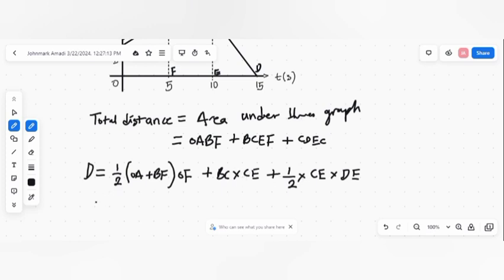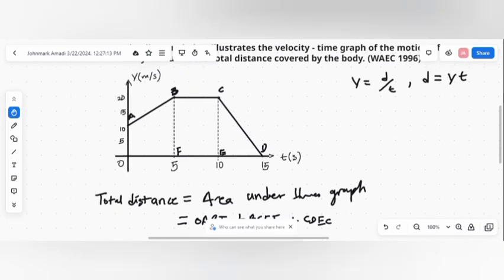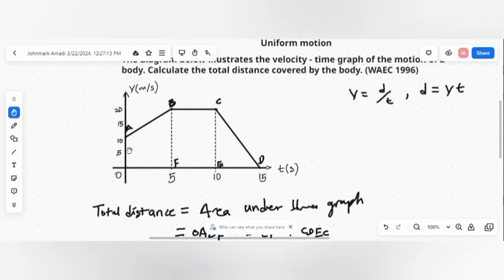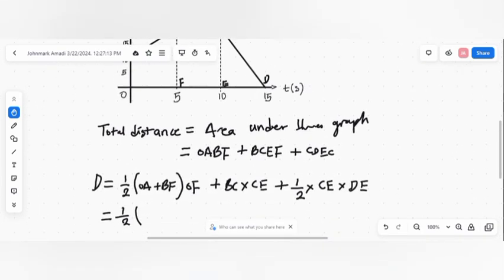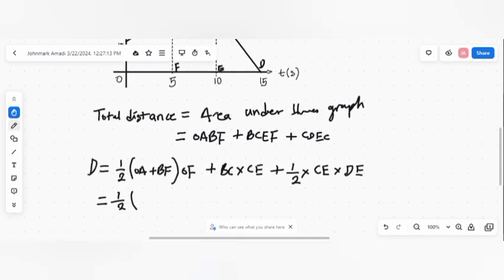So let's plug in our parameters. This is 1/2, you open the bracket with OA. What value represents OA? From this 0 point to this point is 10. So OA is 10, plus BF.